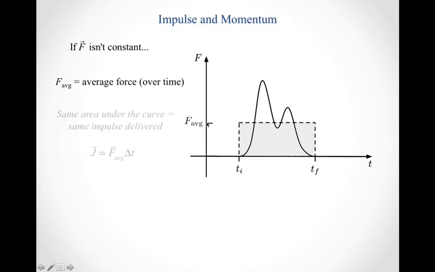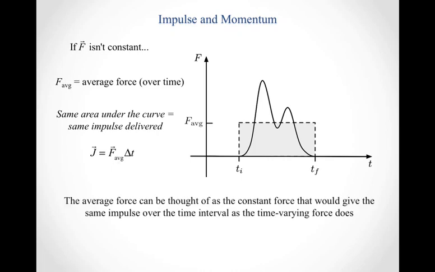The average force here is defined to be the force that, when you think of it as a constant force, gives you the same area under the curve that you would get calculating the area under the curve for this complicated structure. That average force then gives us the same impulse, it just does it in a much simpler way.